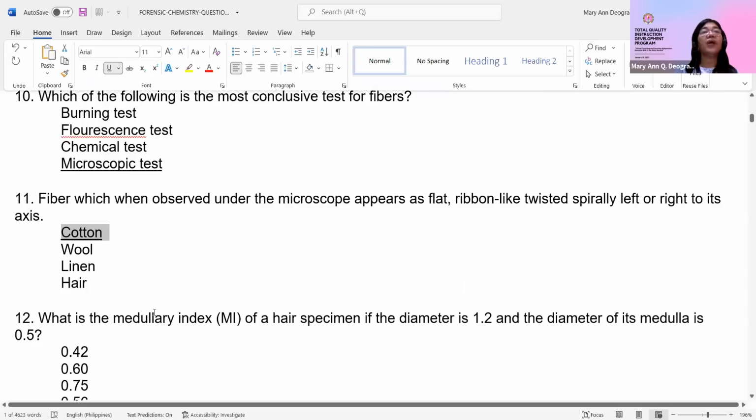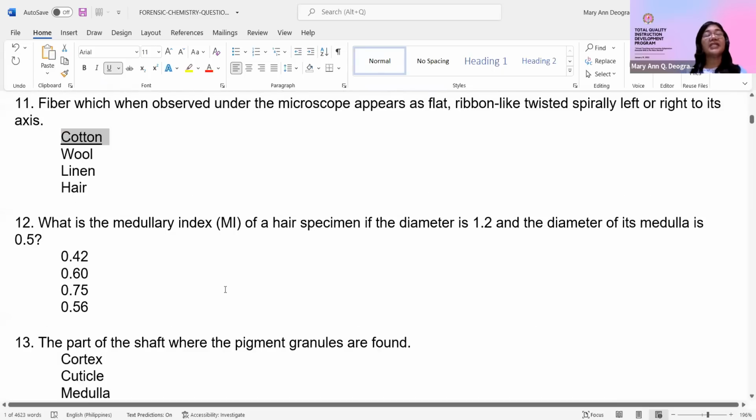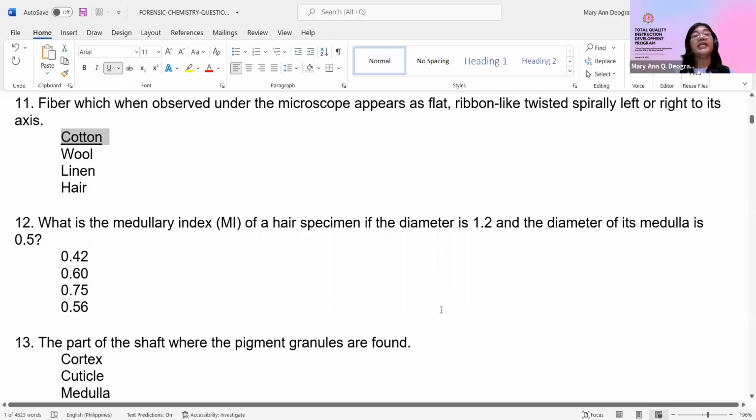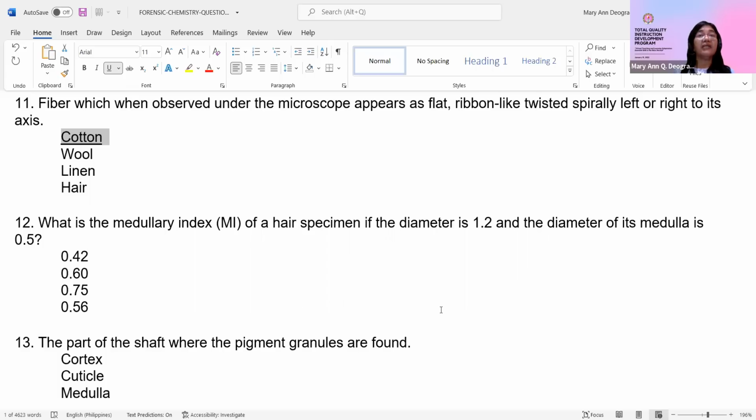Number 12. We just reversed that. What is the MI of a hair specimen if the diameter is 1.2 and the diameter of its medulla is 0.5? What's the answer? I gave you the formula before: MI equals diameter of medulla divided by diameter of the whole hair.